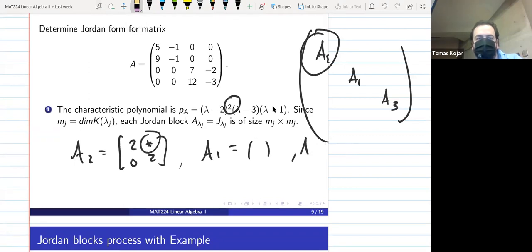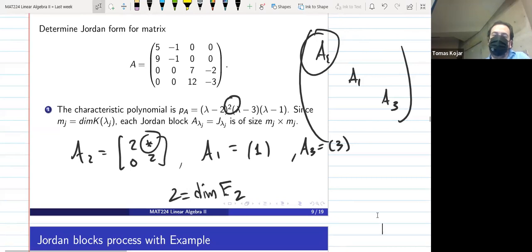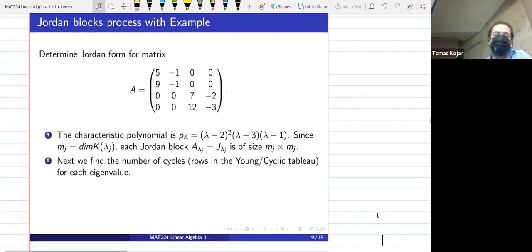Okay, thank you. So yeah, we don't know whether to put 1 or 0. When can I put 0? In what case can I put 0 there? If I know what? If 2 is equal to what? Dimension of who? Yeah, E2. And we will show that this is not the case. So that will be it.